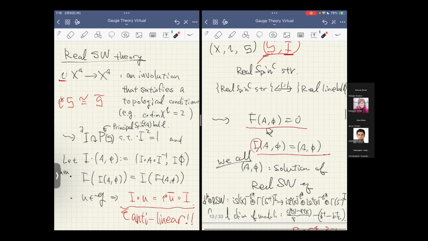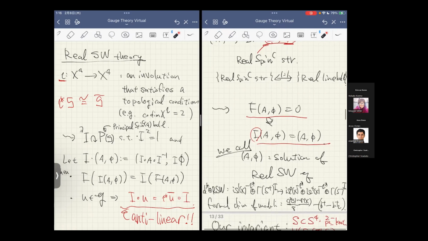And note that the formal dimension of the real Seiberg-Witten moduli space is given by this. So this is the dimension of the iota-fixed part of H plus.